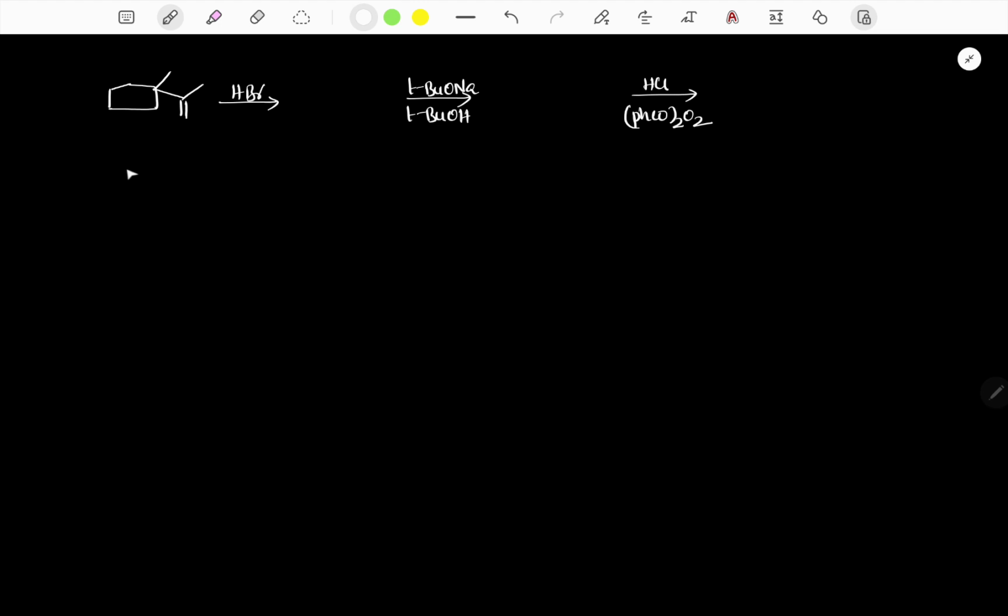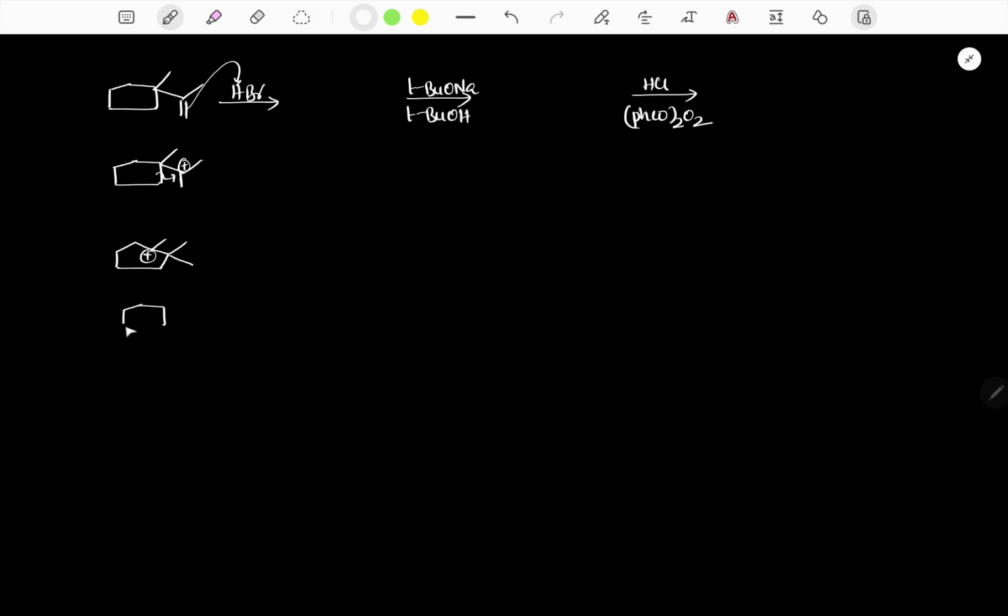Alkene treated with HBr. When an alkene is treated with HBr, it undergoes electrophilic addition. The alkene reacts with H plus and forms a stable C plus. Now it undergoes ring expansion and forms a stable carbocation.